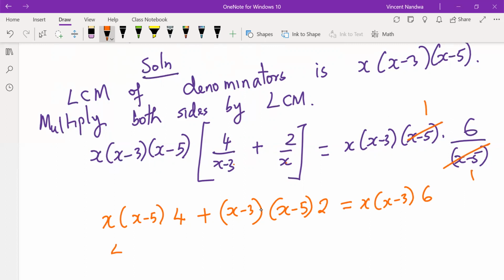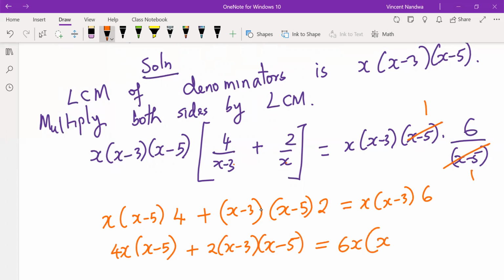So this is the same as 4x into x minus 5 plus 2 into x minus 3, x minus 5 equals 6x into x minus 3.